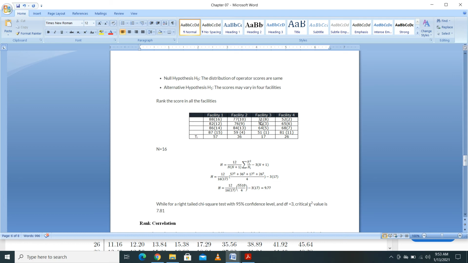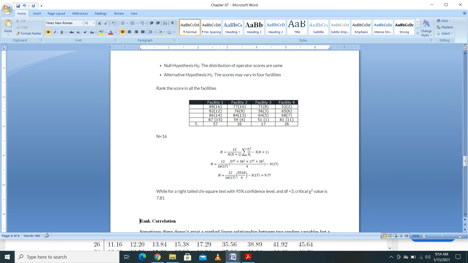The degrees of freedom you can calculate as number of rows minus 1 times number of columns minus 1. So in this case you have 4 minus 1 is 3, 4 minus 1 is 3, so that is equal to 9. There is a small mistake here, the degrees of freedom is equal to 9.